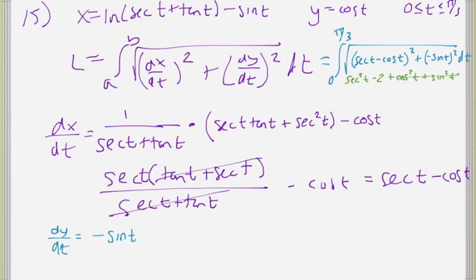So that becomes 1. So now I'm at secant squared minus 1. I have a square root of that. Secant squared minus 1 is actually a trig identity. I canceled that with the cosine squared to make 1.